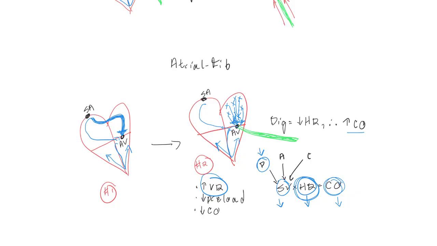So that's how digoxin is used in treatment of atrial fibrillation. It doesn't change the chaotic firing in the left atrium. So all this chaotic firing, it doesn't treat that. It doesn't restore normal SA node control. It doesn't do anything like that, but it does act on the AV node.